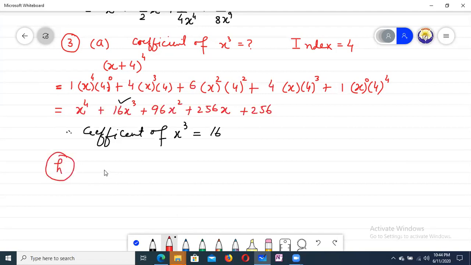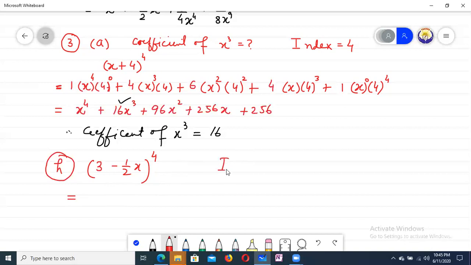In part h, (3 minus 1 divided by 2x) raised to the power 4. Now we will expand.